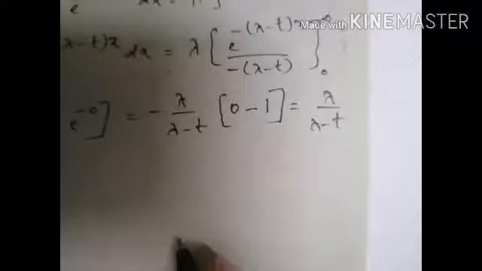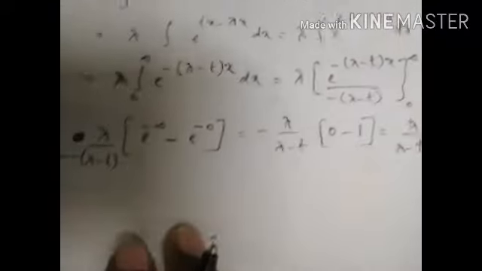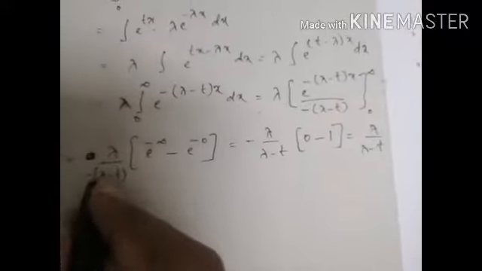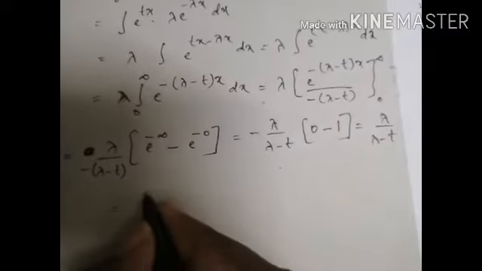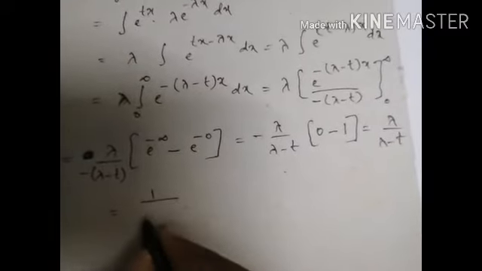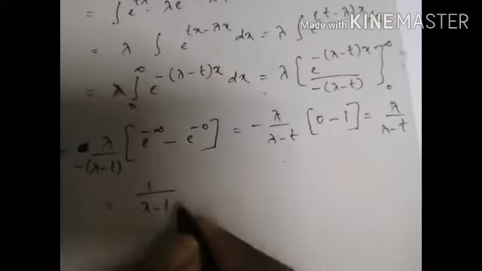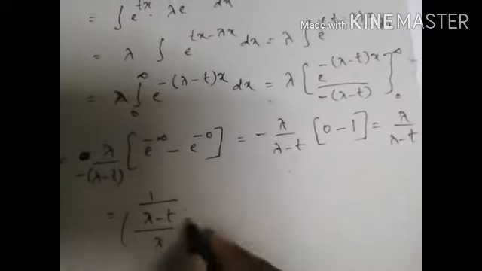So this is the MGF of the exponential distribution, or it can be written as 1 by (lambda minus t) by lambda.